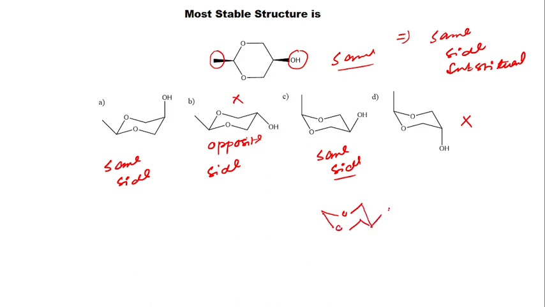So this is OH and this is methyl. And here we have 1,3-diaxial interactions, which are unfavorable.